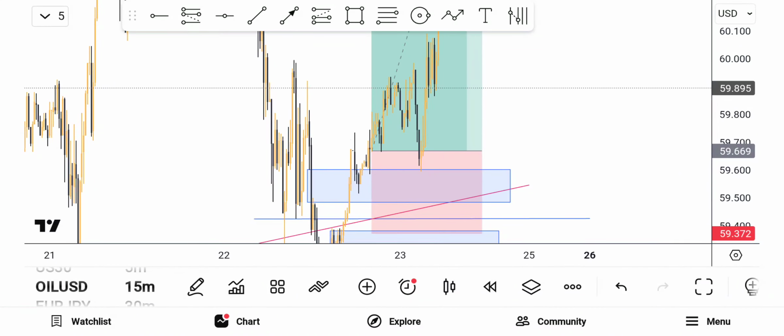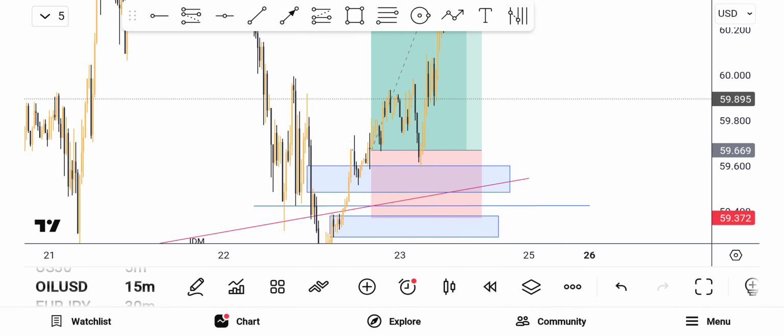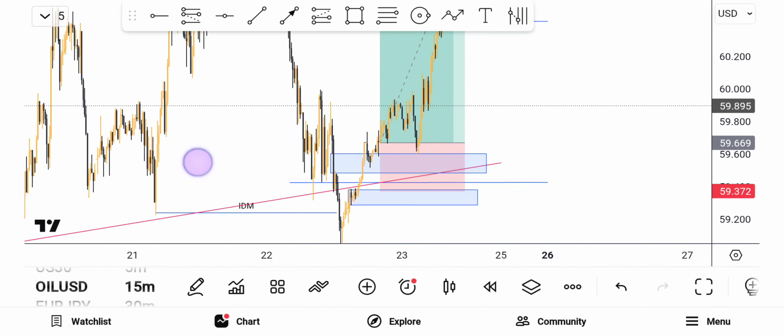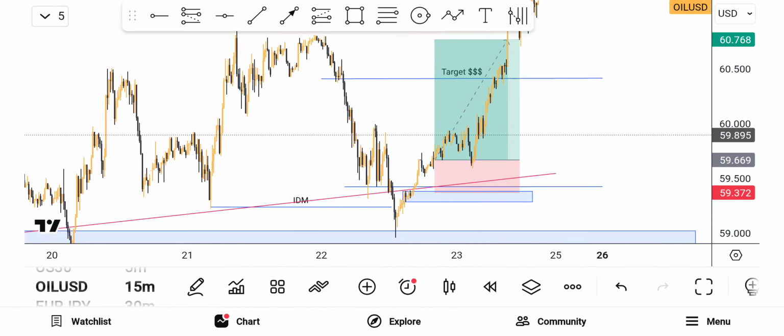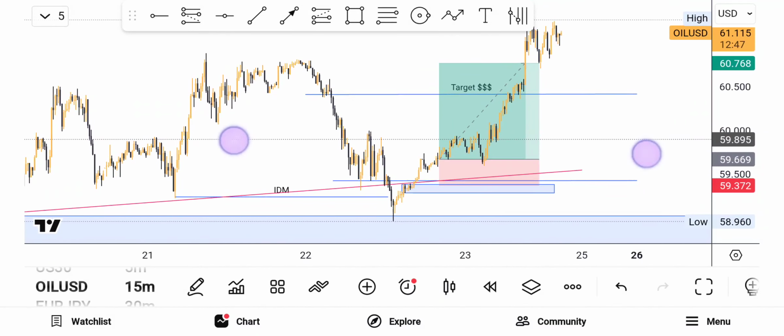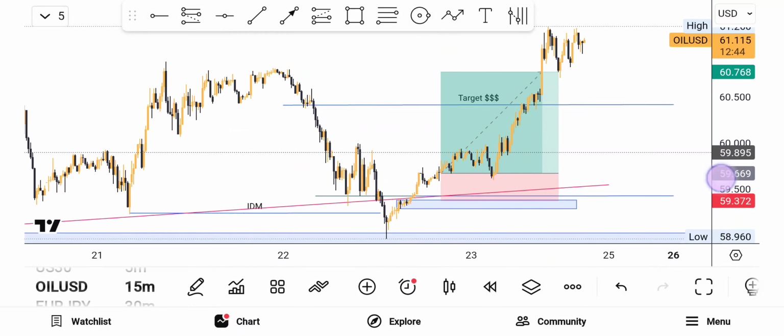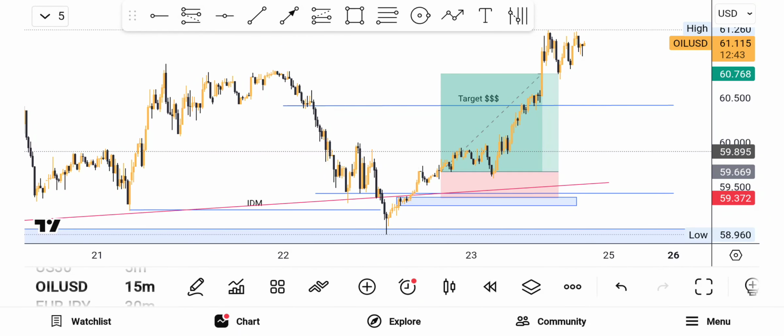I use this zone, this order block that was here, or sorry, breaker block. That's what I used to enter this trade. So that's it, guys. Very simple, nothing complex. Trading does not have to be complex or difficult. You don't have to have so much knowledge to make profit from forex trading.